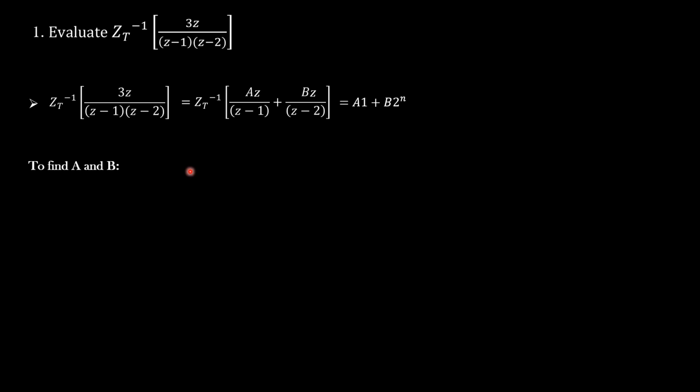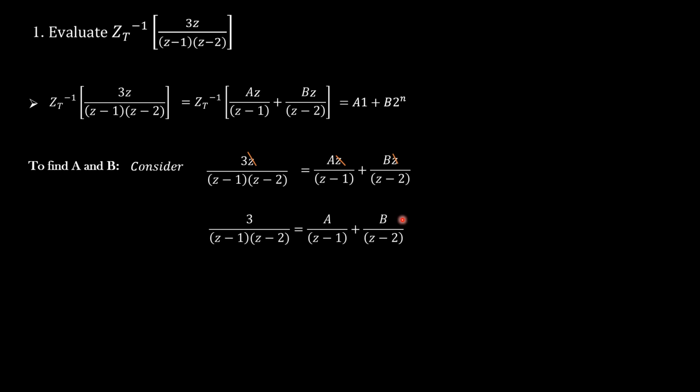To find A and B, consider 3z divided by (z minus 1)(z minus 2) is equal to Az divided by (z minus 1) plus Bz divided by (z minus 2). Cancel z from both the sides so that you will get 3 divided by (z minus 1)(z minus 2) which is equal to A divided by (z minus 1) plus B divided by (z minus 2).